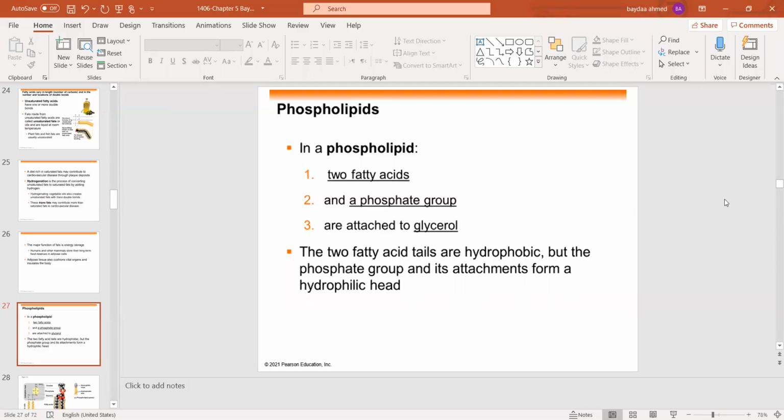Cells couldn't exist without phospholipids. So this is the second type of lipids. We discussed the fat and now phospholipids. Phospholipids are essential for cells because they are major constituents of cell membrane. Their structure provides a classic example of how form fits function at the molecular level.